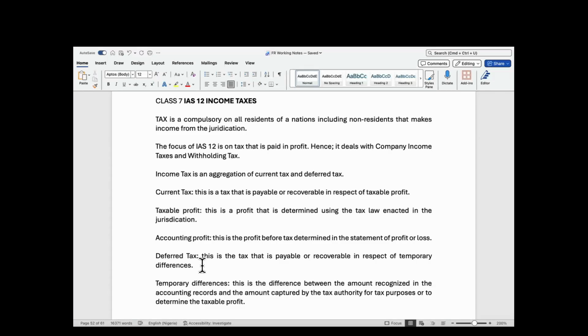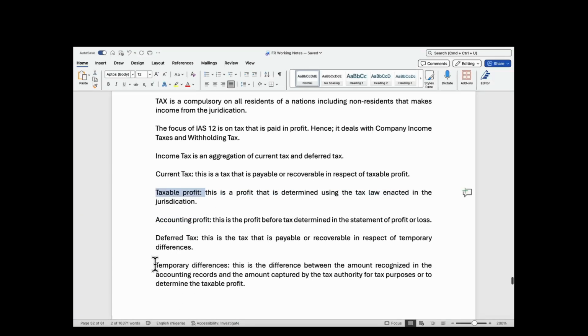Ordinarily we would expect that the taxable profit and the accounting profit should be the same. The fact that they are different, that difference is arising from temporary differences, but not just temporary difference. There are permanent difference too.